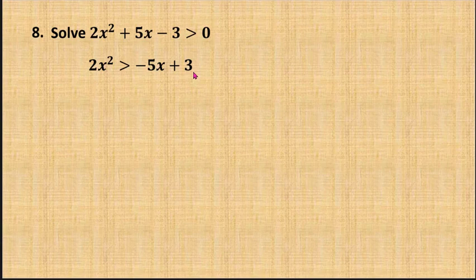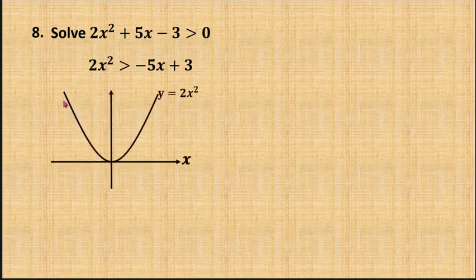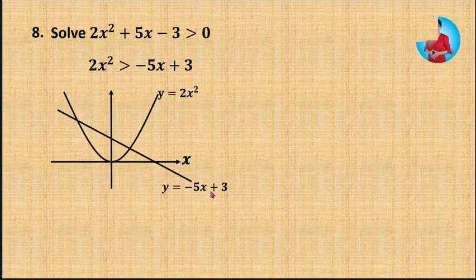Now I'm going to sketch the 2 different graphs on the same axis. First, this is the graph y equals 2x power 2, and this is the graph of y equals negative 5x plus 3. After sketching the graph, now I'm going to mark the region according to the inequality.